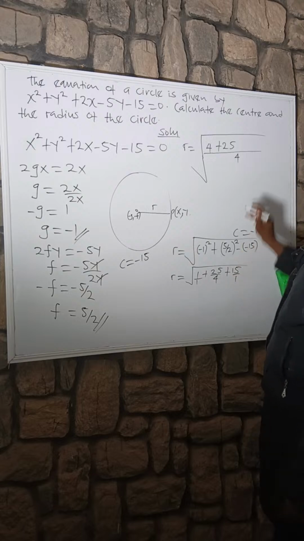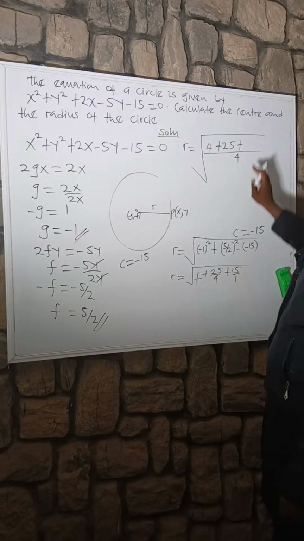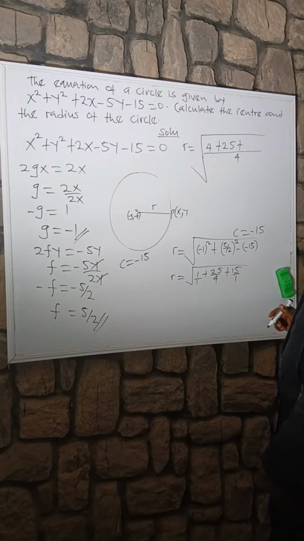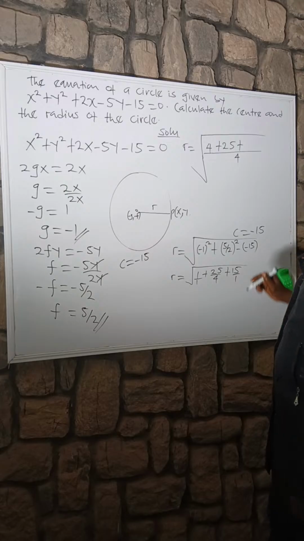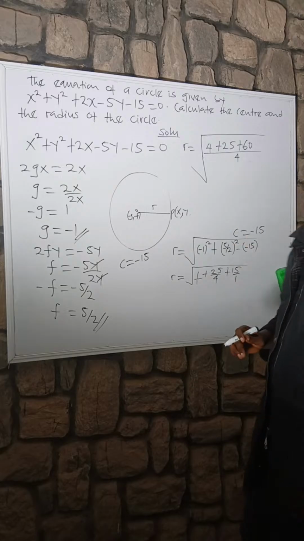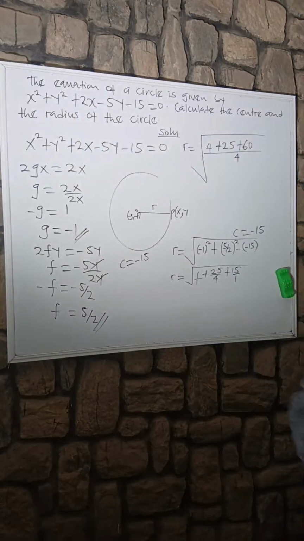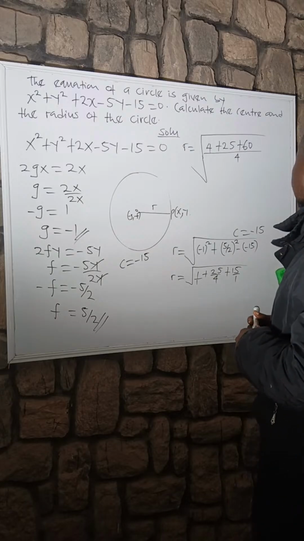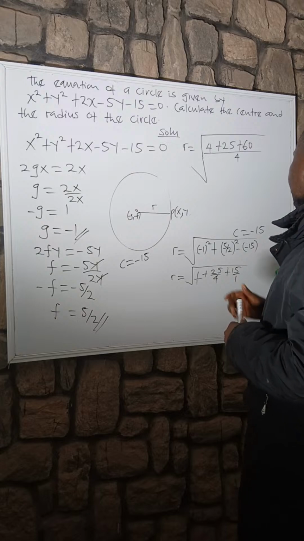Then plus 4 divided by 1, 4 times 15 is what? Is 60, right? 60. Do you agree with me? Any question? You agree with me, right? Because 15 times 4 is 60. So far, so good.